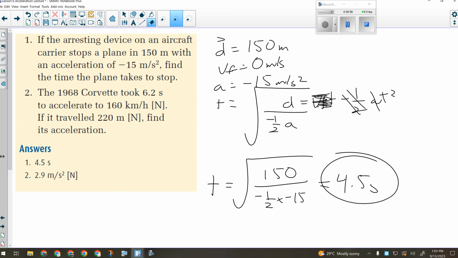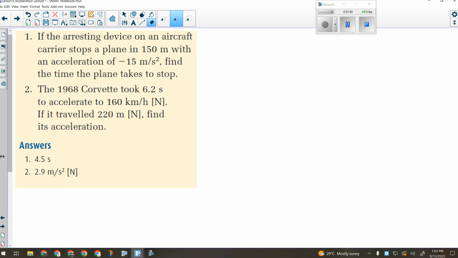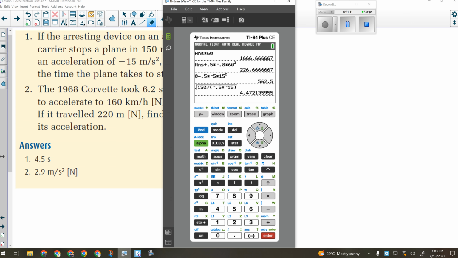How many people have done number 2? With number 2, we've got to do those metric conversions again. 160 kilometers per hour is 100 miles an hour. If you're wondering, that's a very fast car. It's going to accelerate to 160 kilometers per hour.